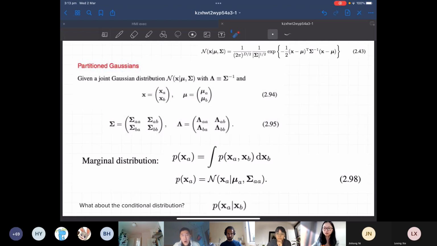Anyway, on the top right is the familiar form of the multidimensional Gaussian, where X is a vector, mu is a vector, and the covariance matrix, big sigma, is a matrix.